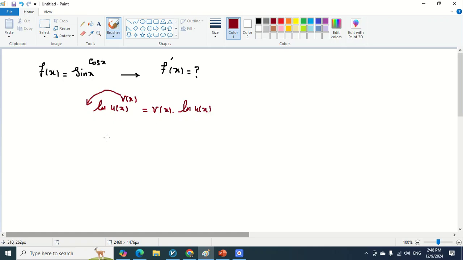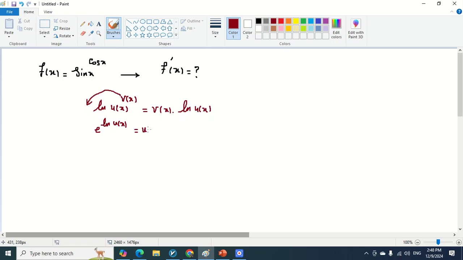Another useful property is e to the power of ln of u. Since the natural logarithm and the exponential are inverses of each other, e to the power of ln of u is equal to u of x.